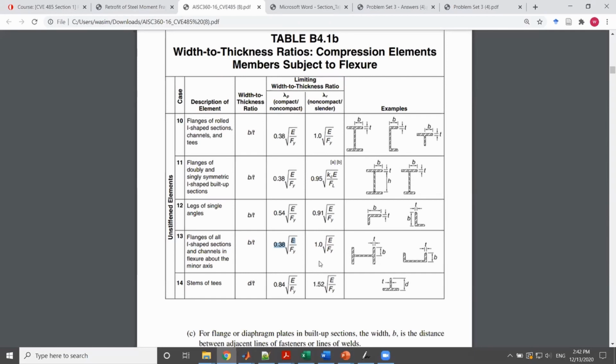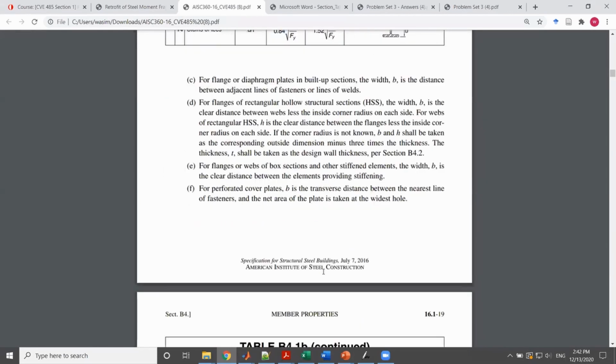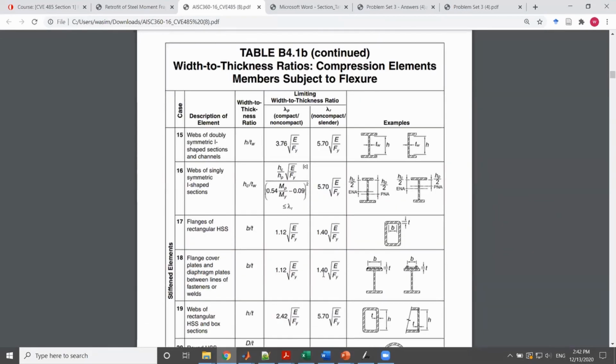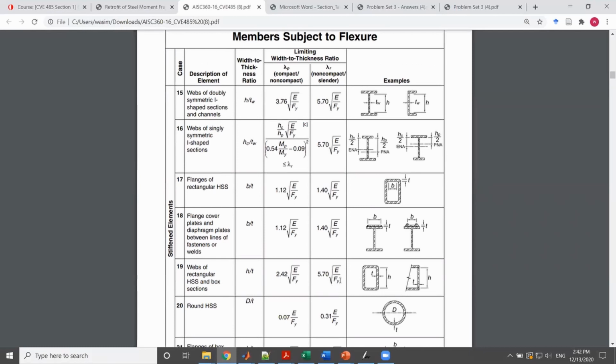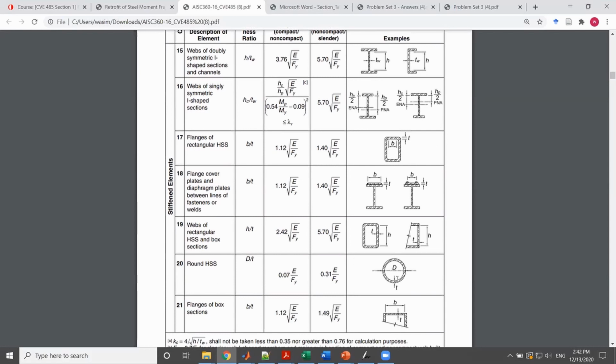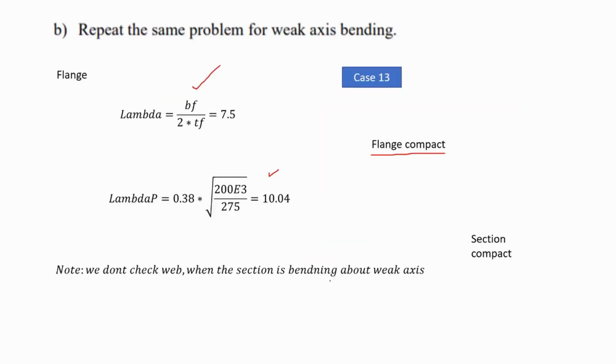And if you check in your table, you don't find anything talking about the web when the member is in flexure about the weak axis. So if we check in here, we find nothing. Therefore, you don't consider the web. So basically, by checking the flange, it is compact, therefore the whole section is compact when the case is about rotation for weak axis bending.